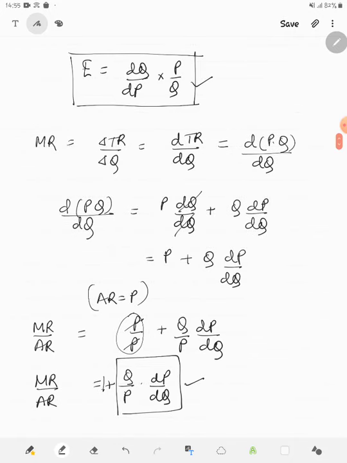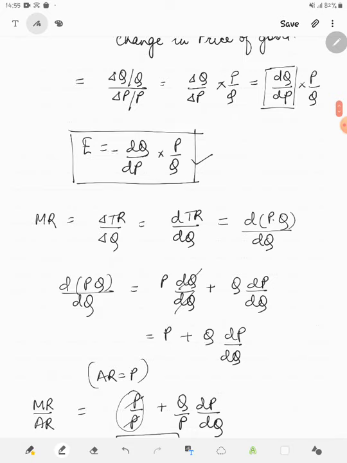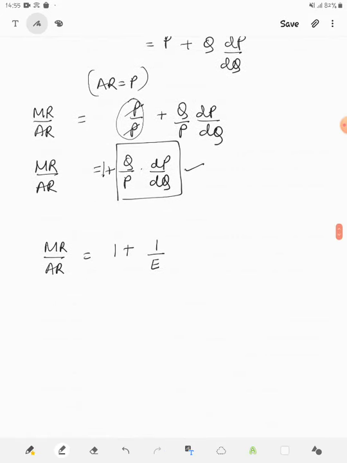Now, elasticity of demand is always negative because demand for normal goods has an inverse relationship with price. So when we are finding the reciprocal, this also has to be put. So what do we get? 1 minus 1 by E, right?